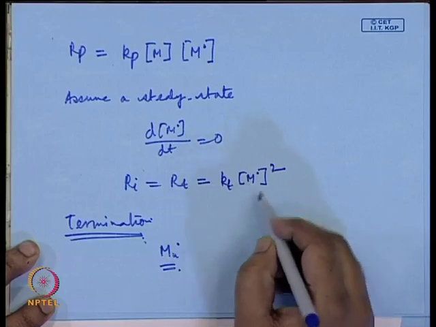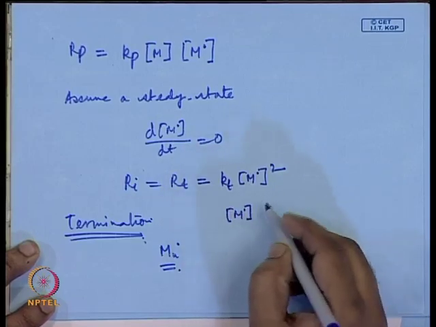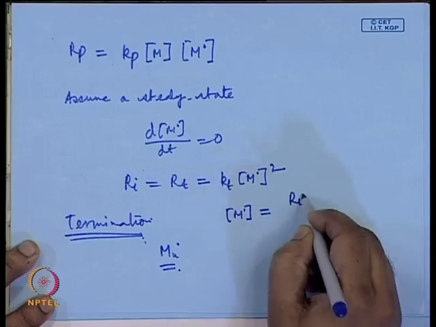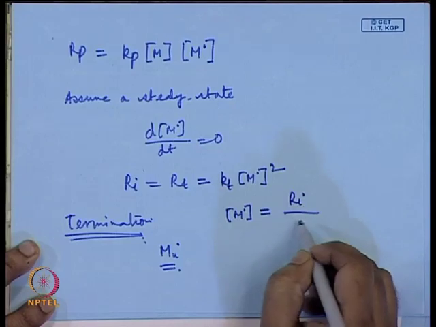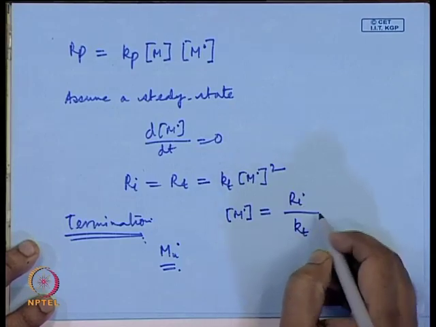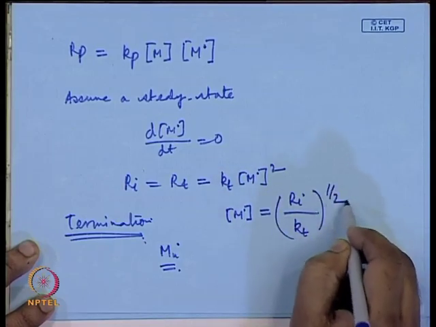So, from that we can find M dot as (Ri by Kt) to the power half.